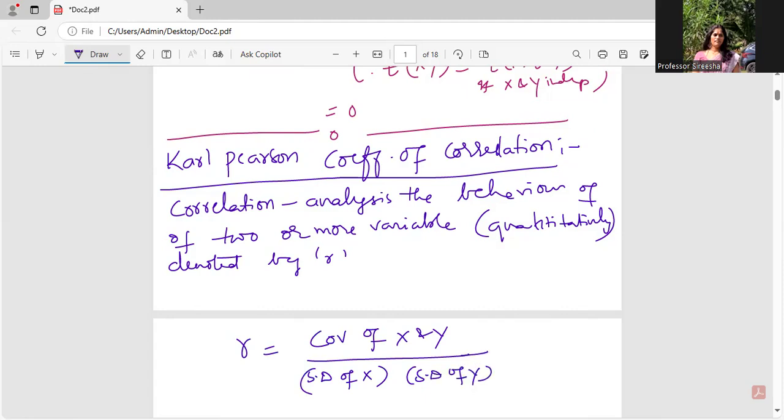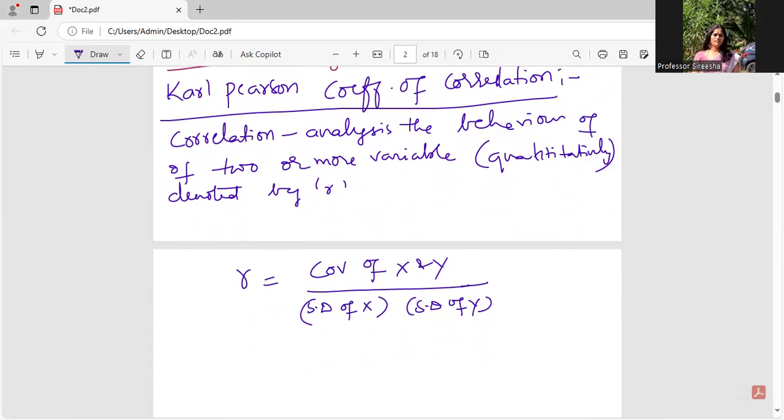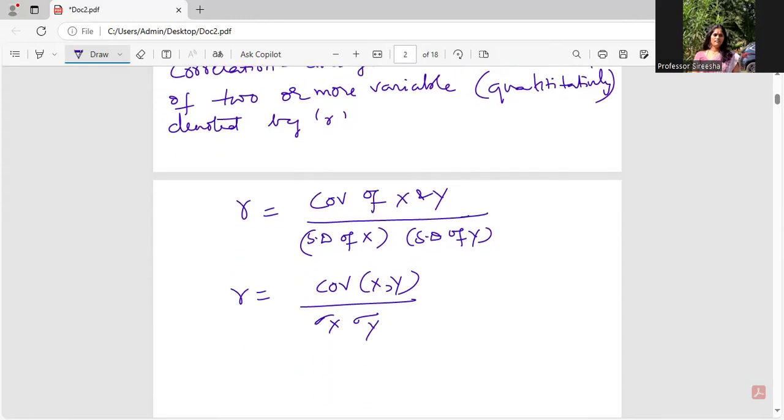Okay, that's how correlation is being defined. Or I will just write like this: r is equal to covariance of capital X comma capital Y by sigma x sigma y. So depending on the problem, I'll be finding out the things. If covariance is being given, fine.